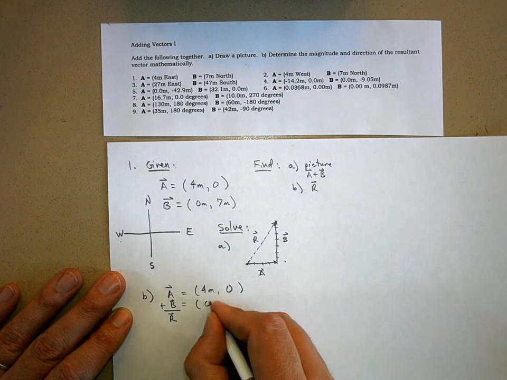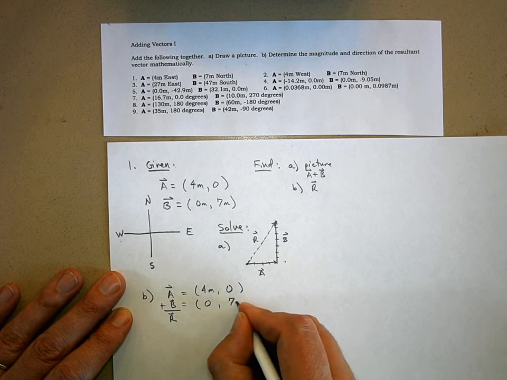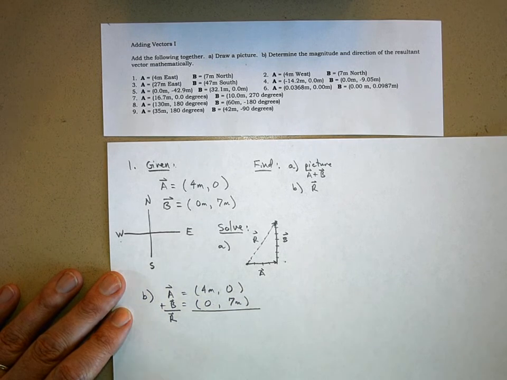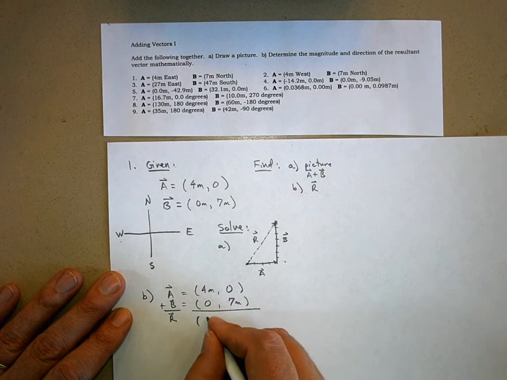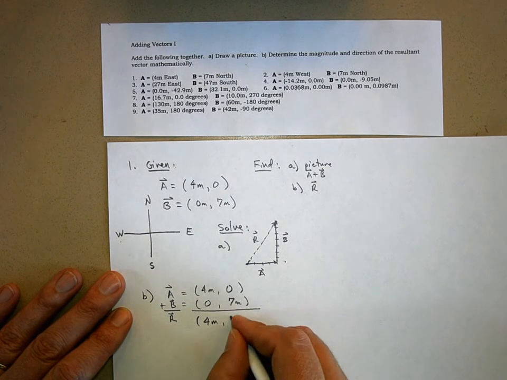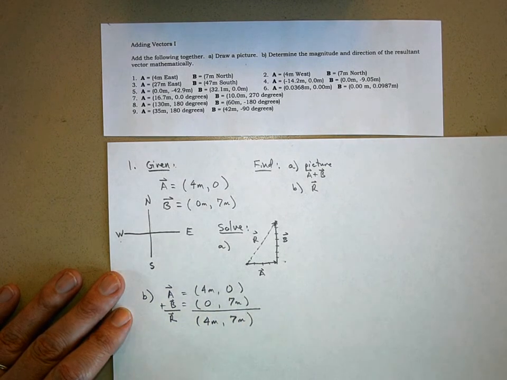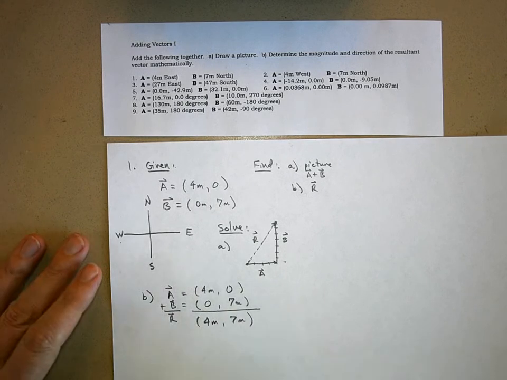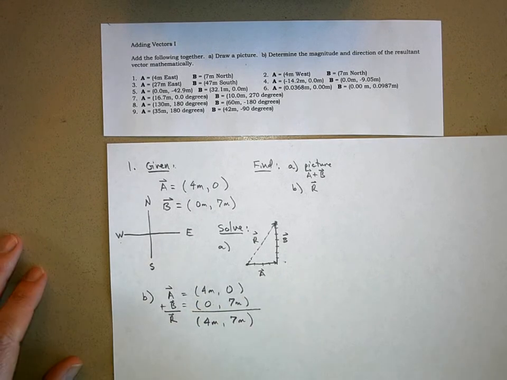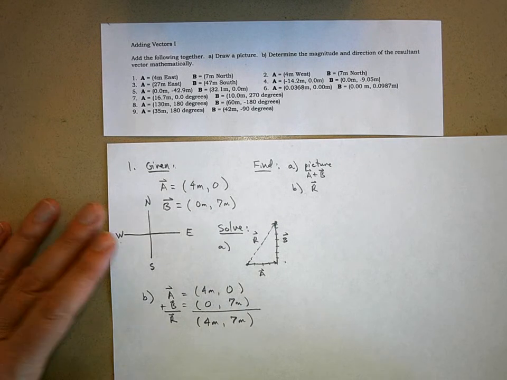And B is 0 meters, 7 meters. So when I add them, we're going to move 4 meters in the x direction and 7 meters in the y direction. Well, now this is my answer in rectangular coordinates, but I want you to put them in polar coordinates.